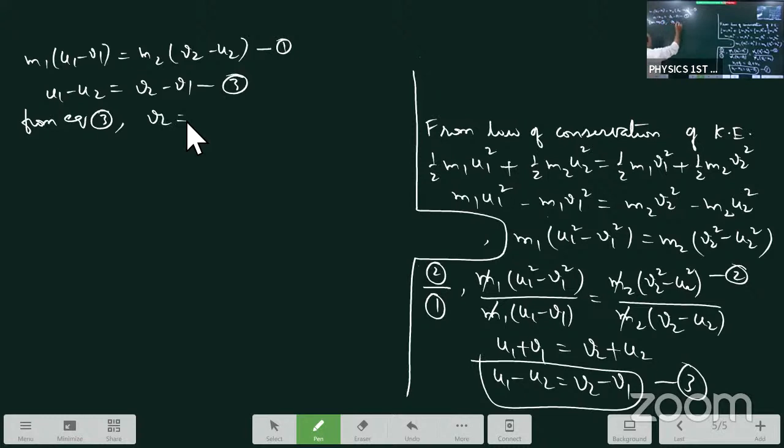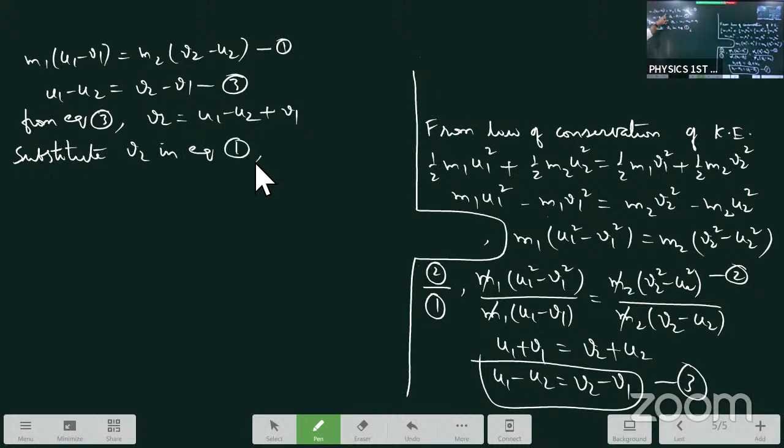What is that V2 value? U1 minus U2, when it goes there, plus V1. So substitute V2 value in equation 1.